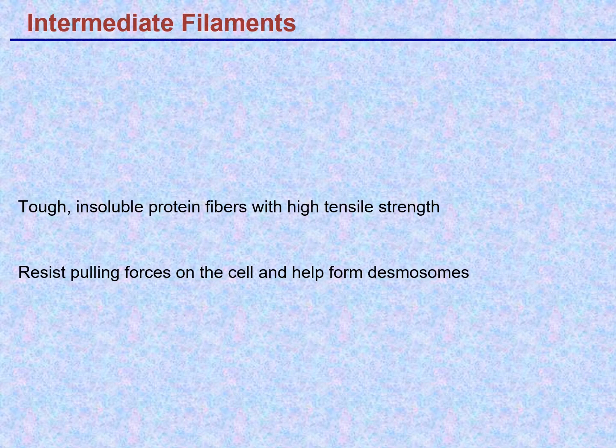And the third type, which was B in the photomicrographs, were intermediate filaments, again insoluble, long protein fibers. They resist forces that pull on the cell, and they form the desmosomes. If you remember the junctional structures called desmosomes.